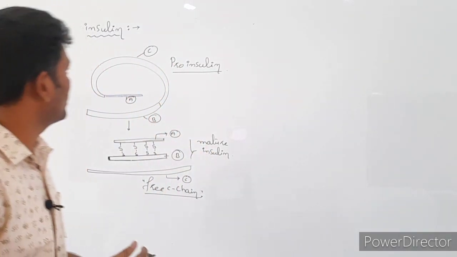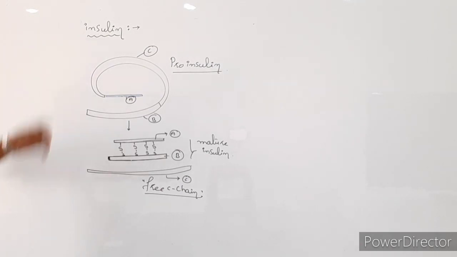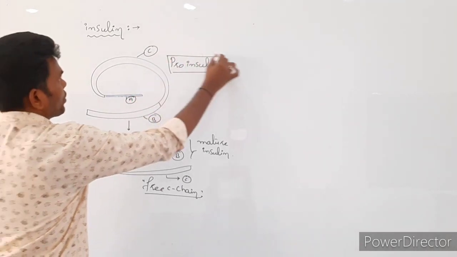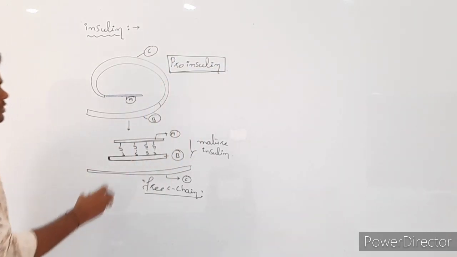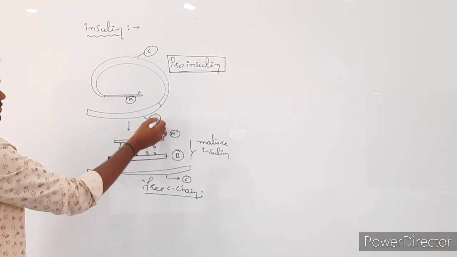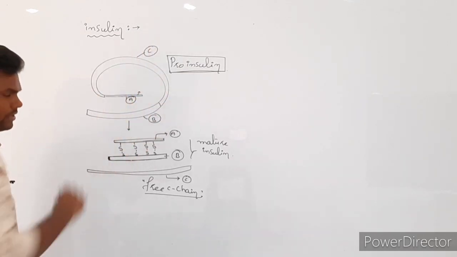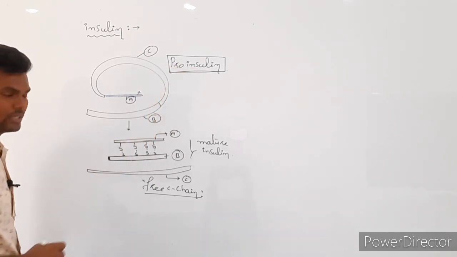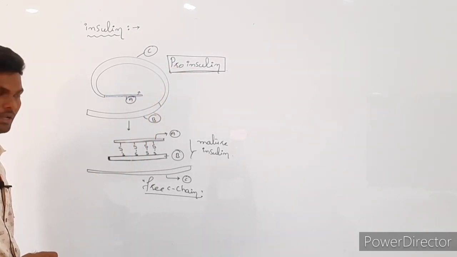Insulin structure. So this is insulin here. At the beginning it is called proinsulin. It is a combination of one short polypeptide chain A, a second chain B, and a third chain C. So initially it contains three polypeptide chains, called proinsulin.